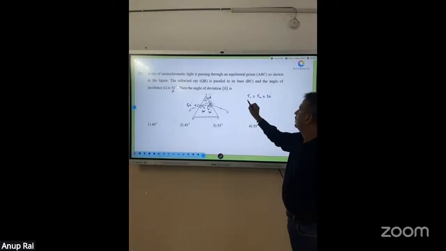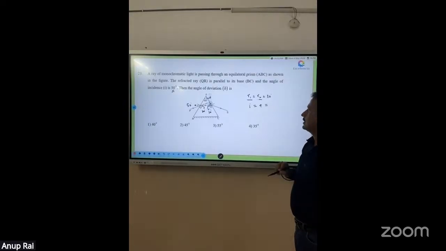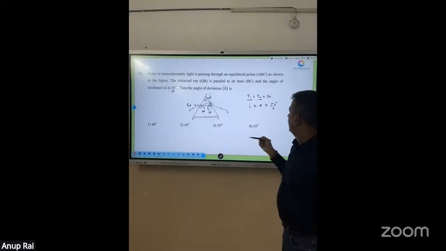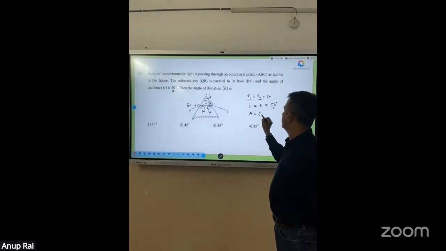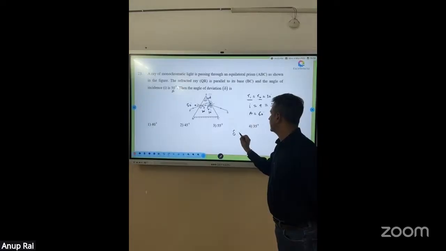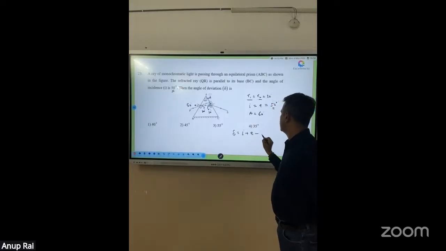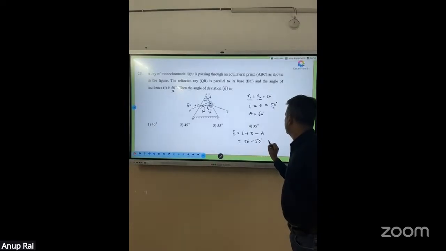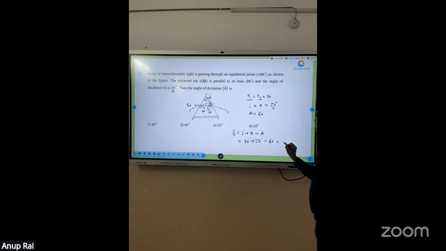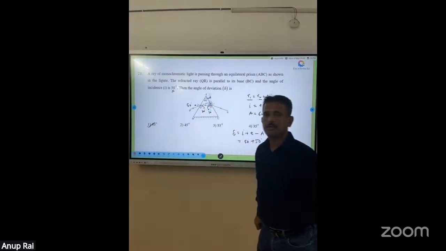We know that when r1 is equal to r2, i is also equal to e. In that case, i is equal to e is equal to 50 degree. The angle of the prism is given; since it is equilateral, it is 60 degree. So in that case, delta is equal to i plus e minus A, which is 50 plus 50 minus 60, how much? 40. So the angle of deviation is going to be 40 degree.